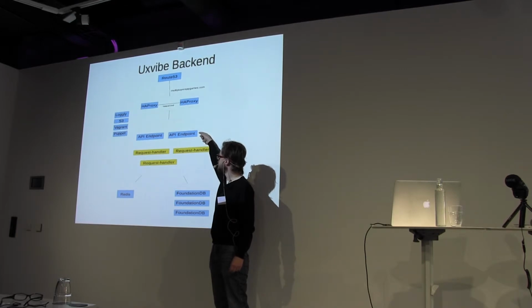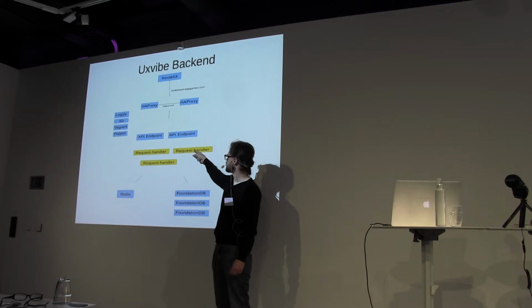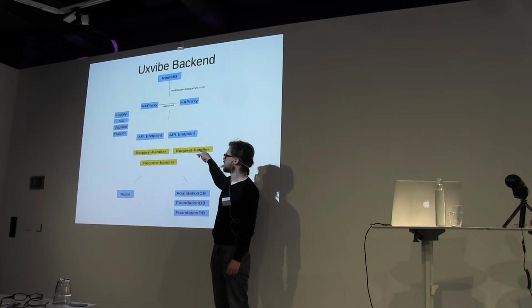It's the Cowboy web server. And then we have replaced these request handlers, so they're no longer written in Erlang. Instead they are using the Lua Erlang, which Robert talked about, to run Lua handlers.